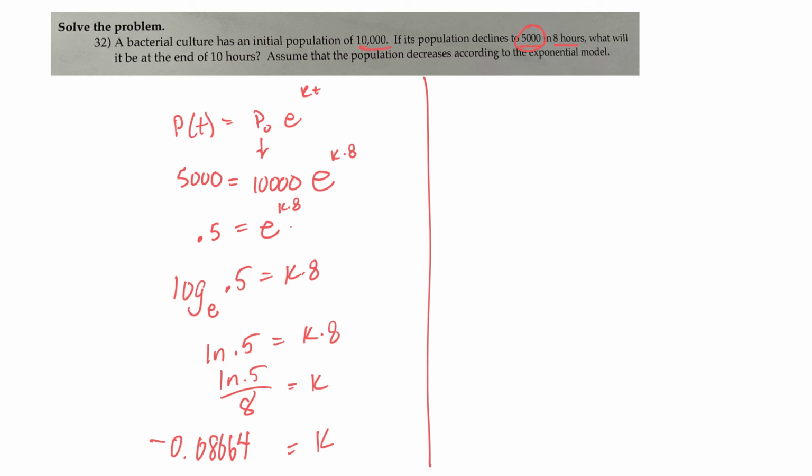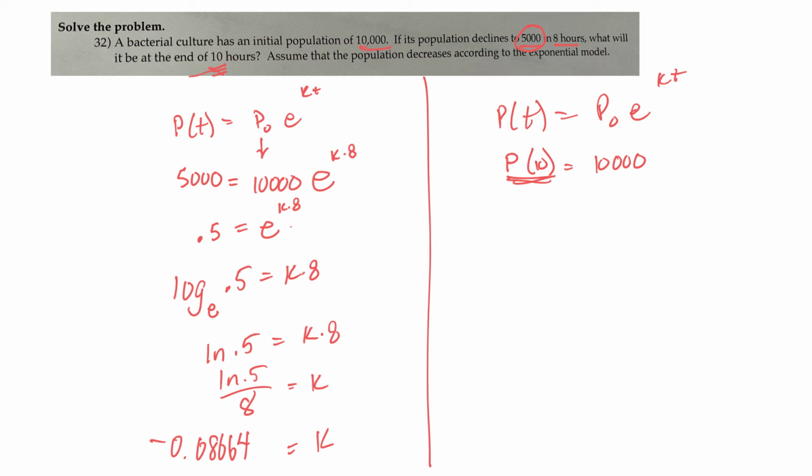So now I can use that k value to figure out how many there'll be after 10 hours. I assume it's going to be less than 5,000. Anyway, they want to know what it'll be at the end of 10 hours. So I'll use my same formula, P of t equals P0 e to the kt. P0 is how much they start with, 10,000. And they're wanting to know how many are left after 10 hours.